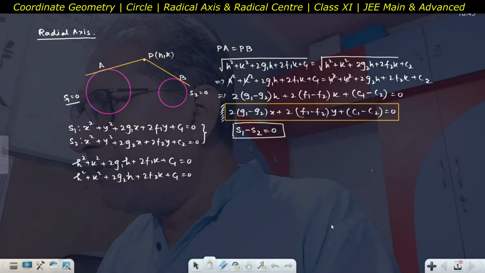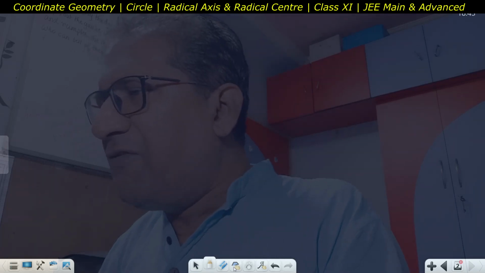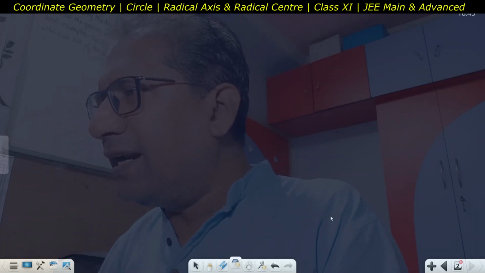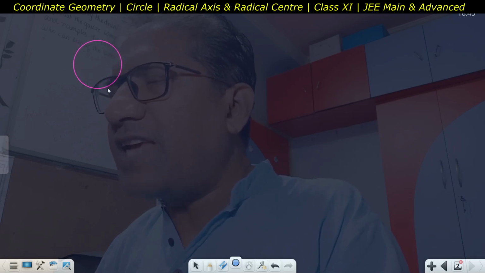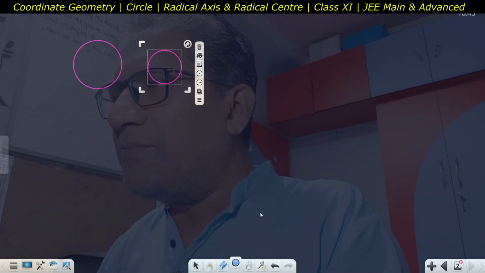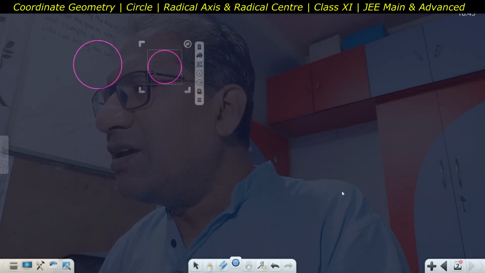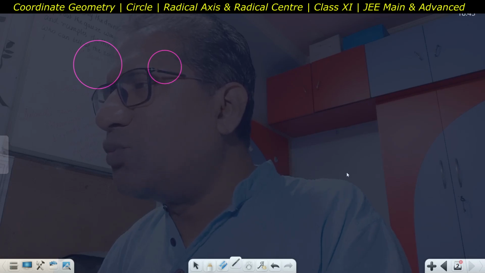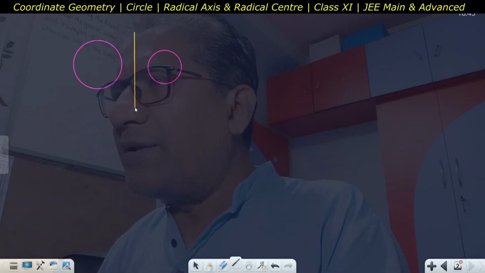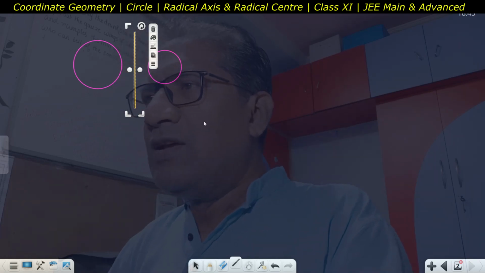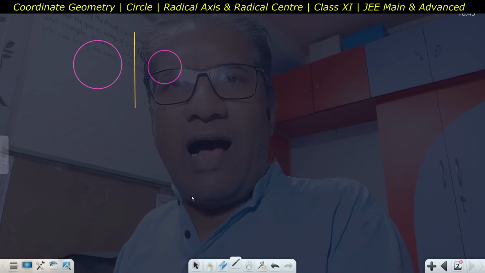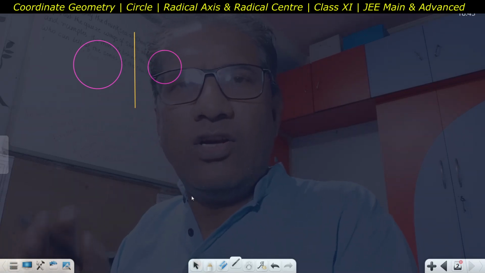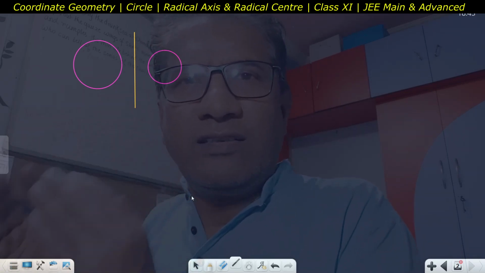Like, if I say that there are two circles which are neither intersecting nor touching each other, in that case, your radical axis will be this one. Okay? So this is the radical axis when two circles are neither intersecting nor touching each other.